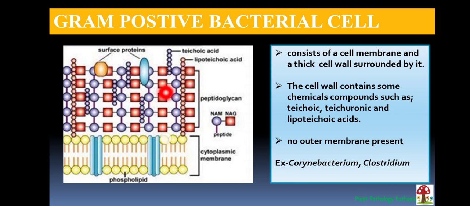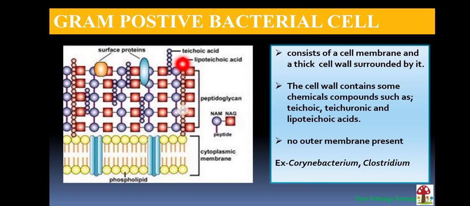So we have discussed that in gram-positive bacteria, only a membrane and a thick cell wall are there. There is no outer membrane next to the cell wall, and it contains special chemical compounds like teichoic acid, lipoteichoic acid and teichuronic acid.